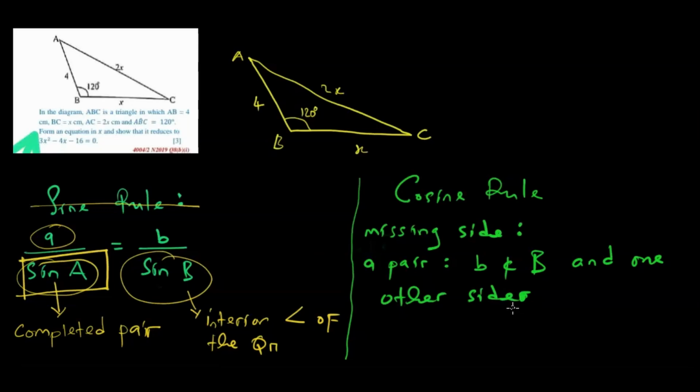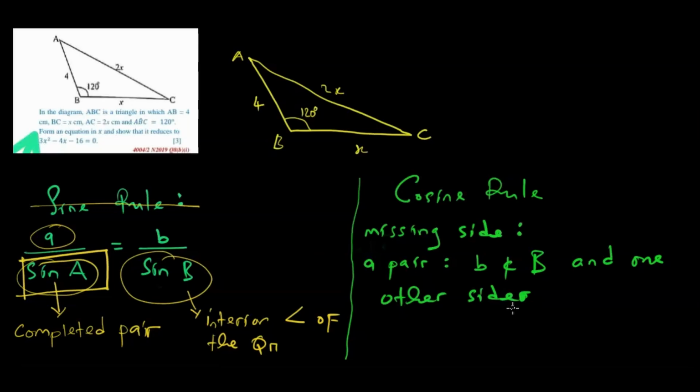So when finding a side we need two sides and an angle. When finding an angle we need all three sides. You are going to notice this, and this is going to be on your fingertips through rigorous practice. So do as many questions as humanly possible, that is what makes these things as obvious as they should be.